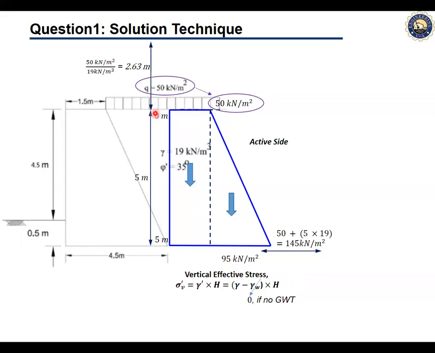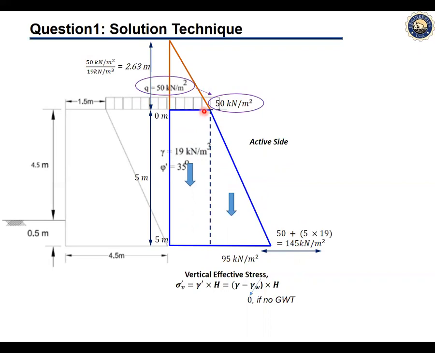We have an imaginary line of 2.63 meters giving this triangular distribution, which we can get by dividing the surcharge by the unit weight of the underlying soil. So the 50 kN per meter square is the vertical effective stress at the top surface, which with increasing depth goes to a value of 145 kN per meter square.